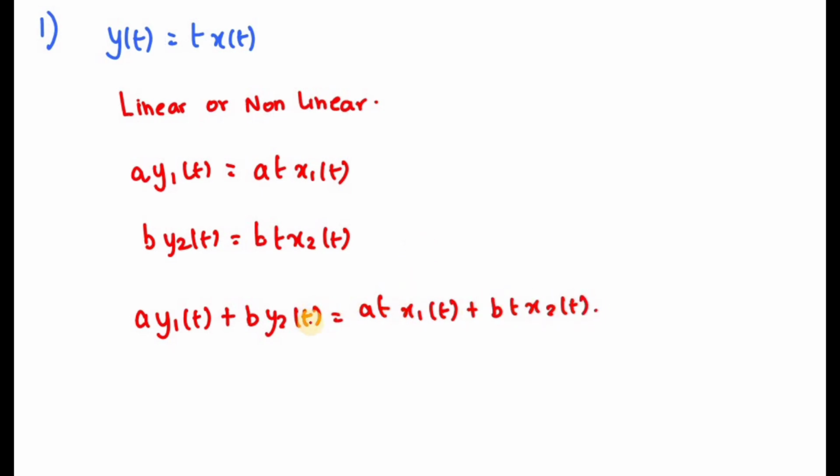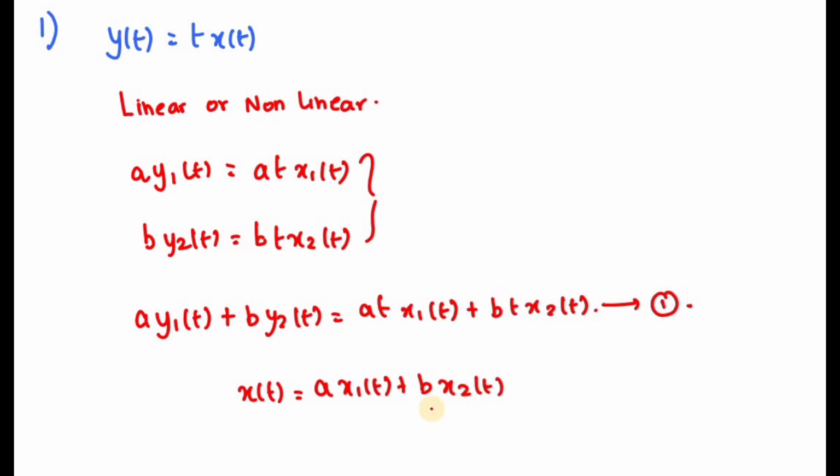Okay. So this is my first equation by adding these two equations. So in this one, instead of x of t, I am going to substitute here x of t is equal to a into x1 of t plus b into x2 of t.